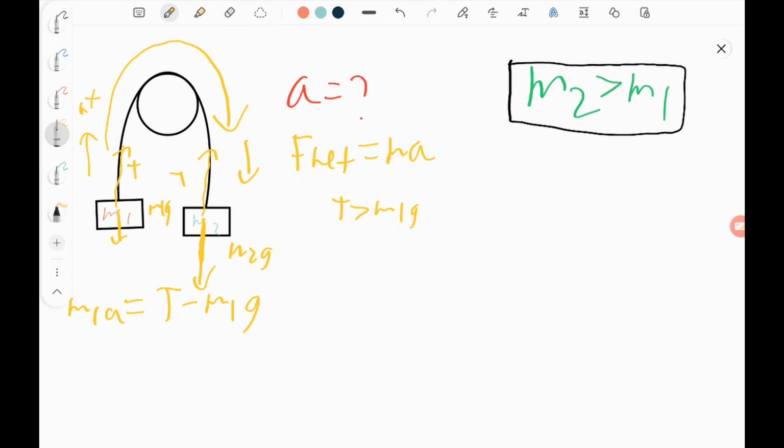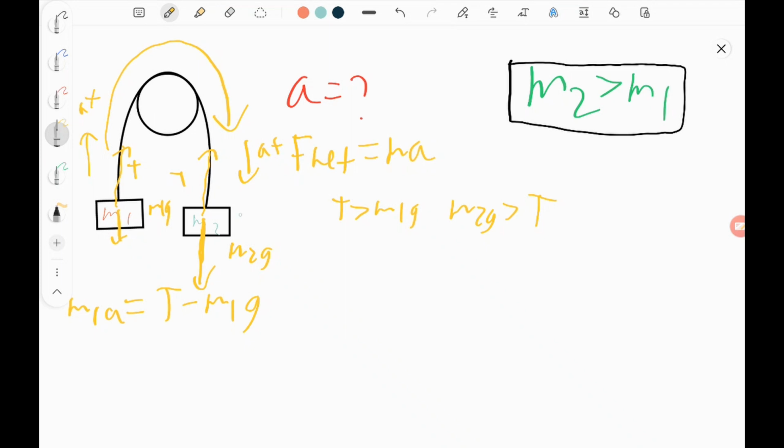The gravity force on block 2 is actually greater than the tension, so M2G is greater than T, which is the reason why the block has a downward acceleration. So, like before, we're going to set our positive direction of the acceleration to be in the direction in which this block is moving, which is downward.